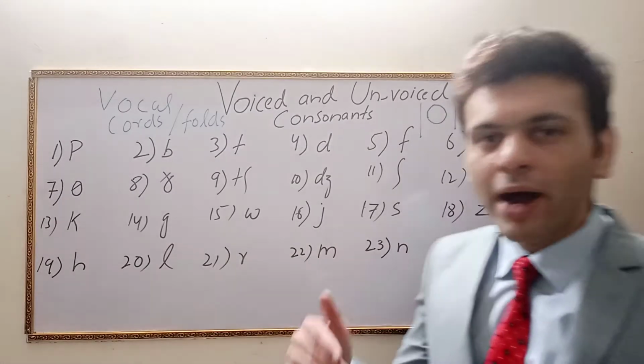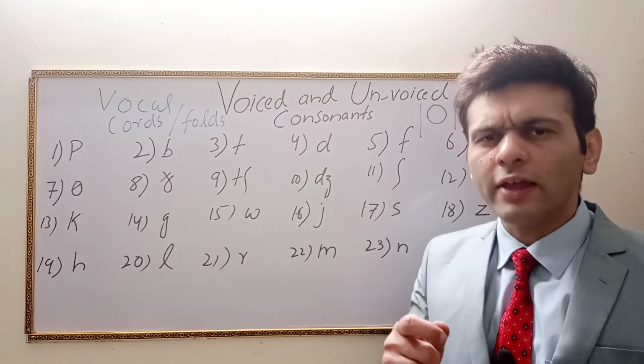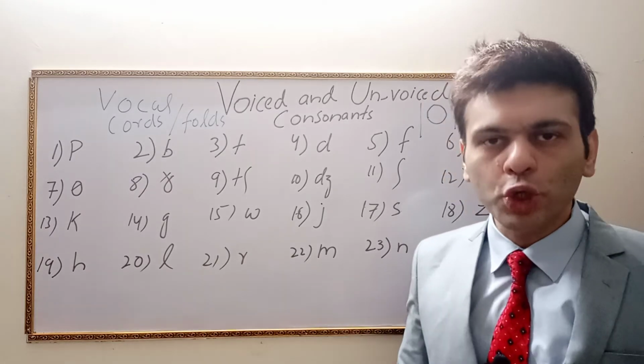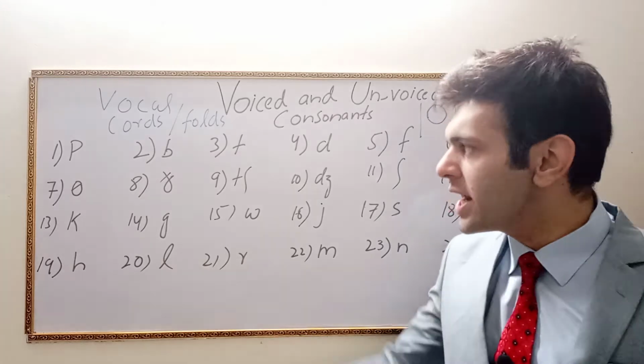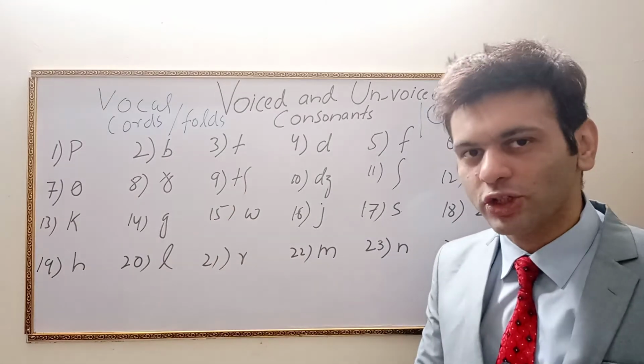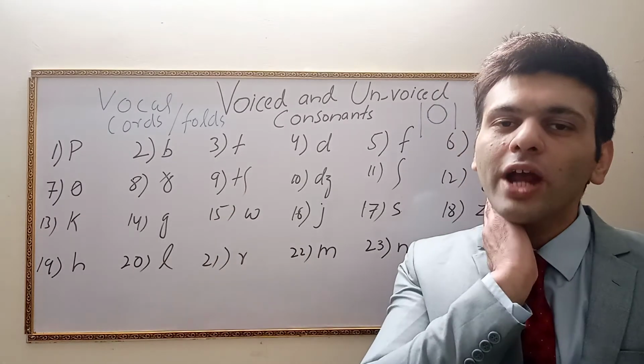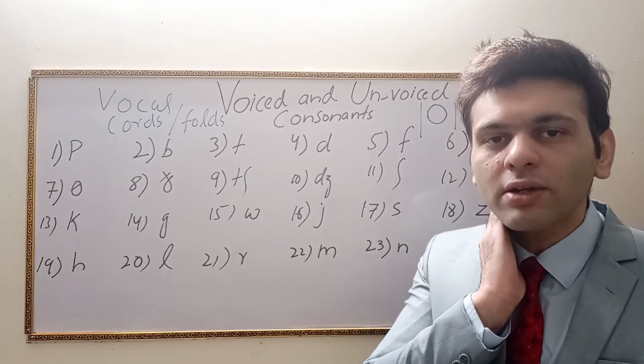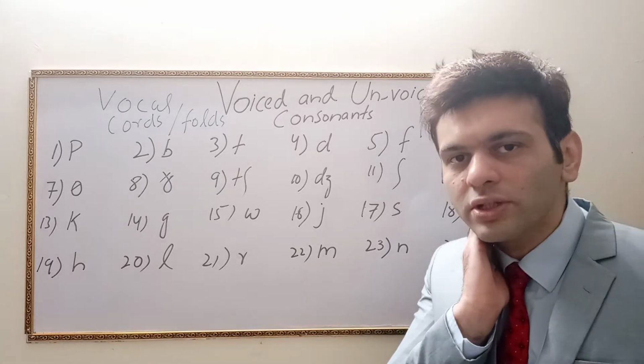Now, how am I going to understand this? The very simple logic or mantra to distinguish between voiced and voiceless consonants is that you just place your hand over here and you pronounce, you articulate, you utter a consonant sound.